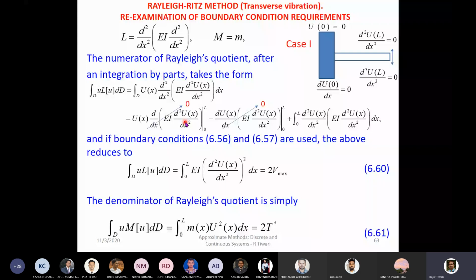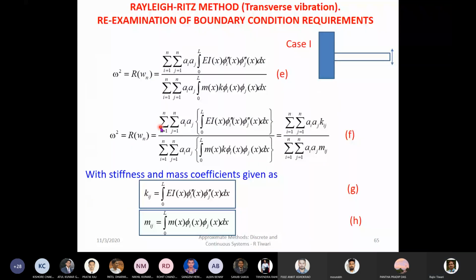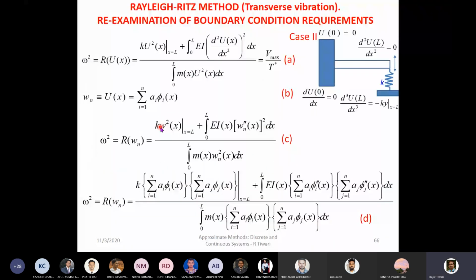So this will give us this term at x is equal to L. This is the additional term which is coming because of this.